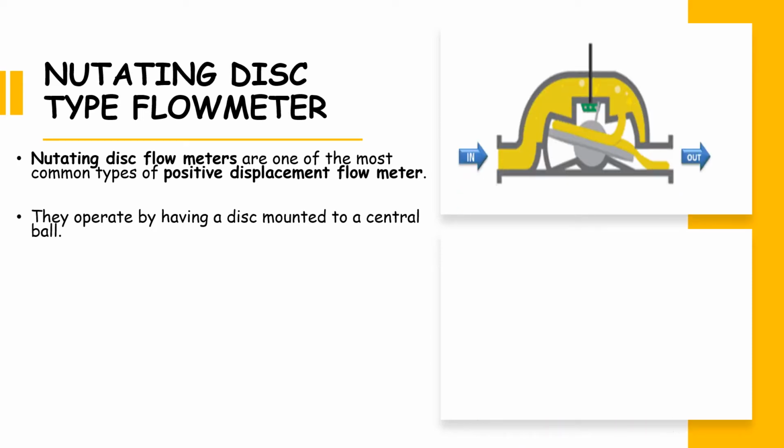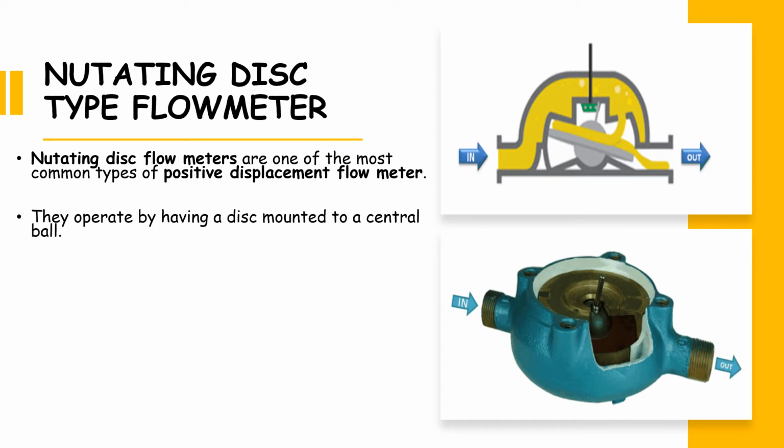They operate by having a disc mounted to a central ball as shown in the diagram in the center, just below the black rod, and the second diagram tells you how a real-time nutating disc type flow meter would look.